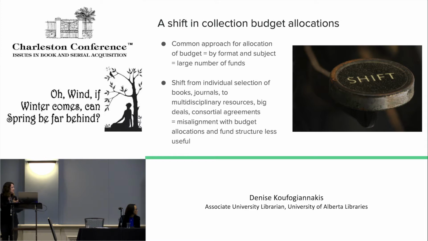This leads to a misalignment between the resources we buy and the fund structure. As a result, we do many workarounds, such as splitting funds, creating new funds, moving money between funds all the time, right? Trying to fit the current situation into the budgets that we have had over the years, or that fund structure.